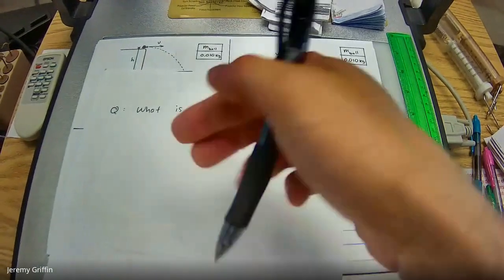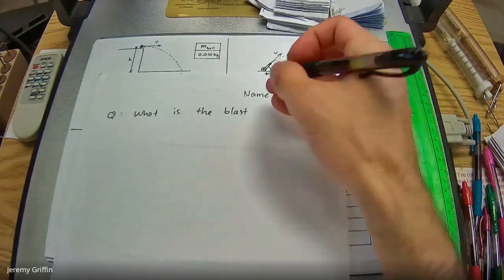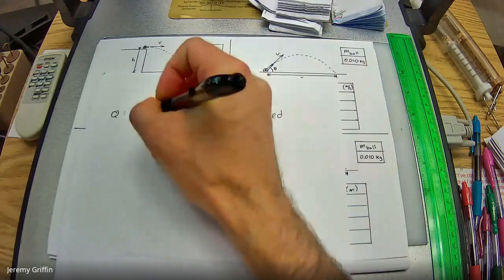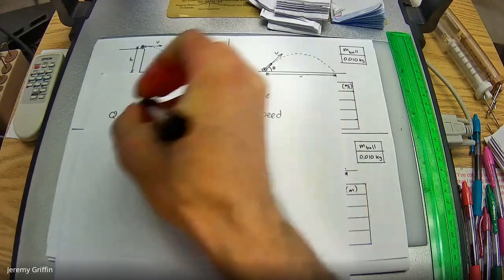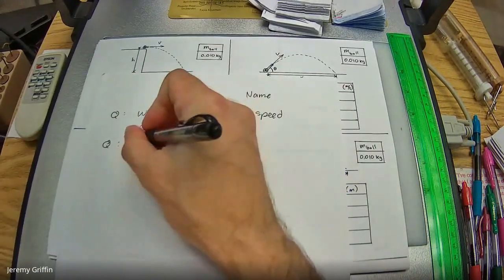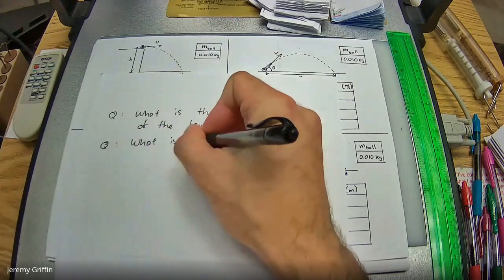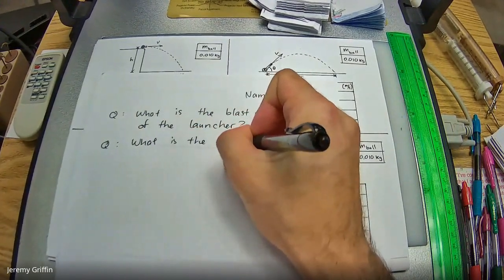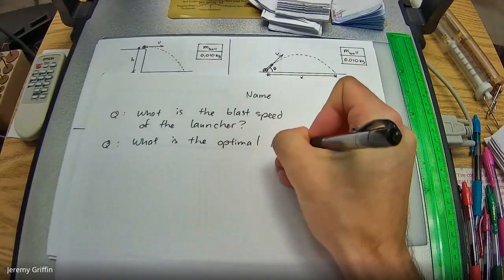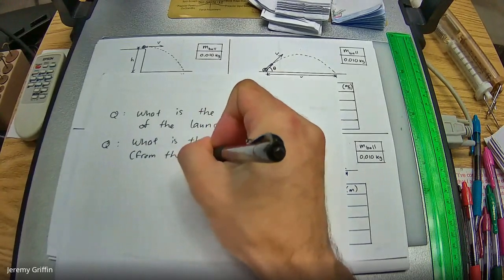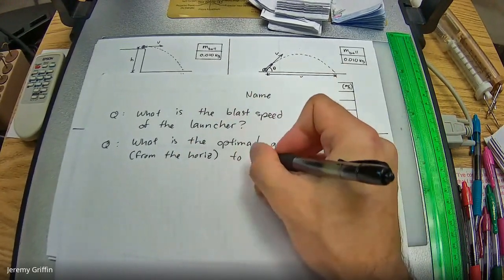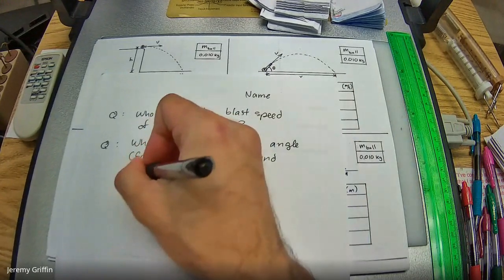All right, so I gave you guys this page with these 5 structured questions on it. I said on the opposite side, write your name on your paper and pick one of these 2 questions. I'm helping you narrow this down a bit. You can either pick: what is the blast speed of the launcher, or what is the optimal angle, from the horizontal, to send the ball the furthest?